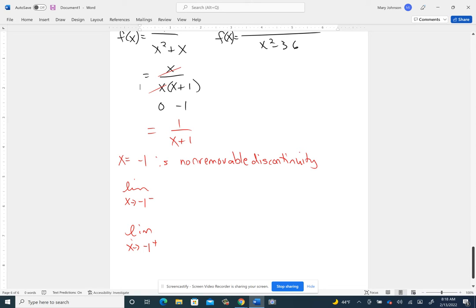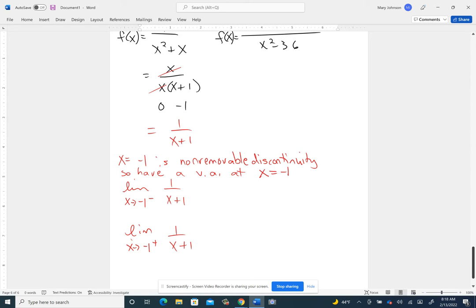They have to both go to infinity of some sort in order to be a vertical asymptote. But I really wasn't expecting you to have to go on and analyze that, because you already know it's a vertical asymptote from your pre-calculus skills. And the equation would be x equals -1, thinking of it as a vertical line.